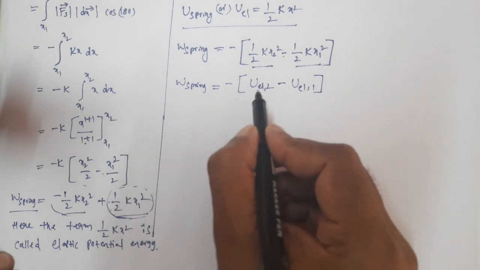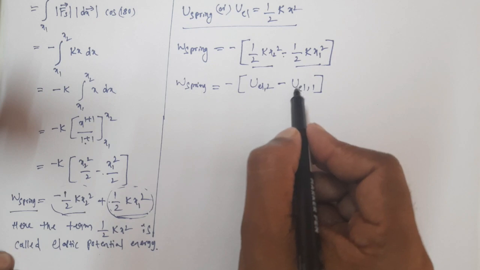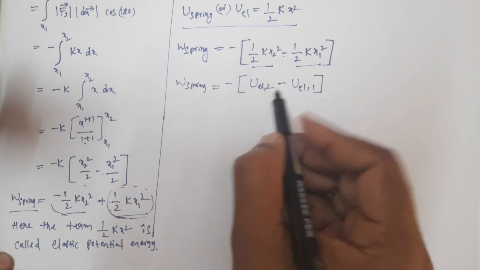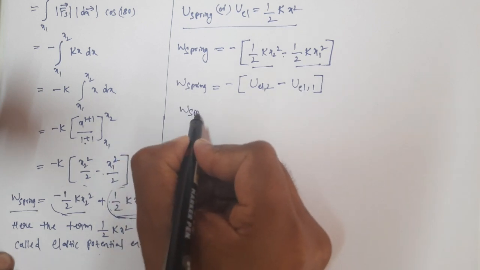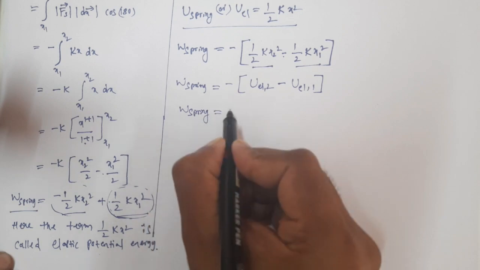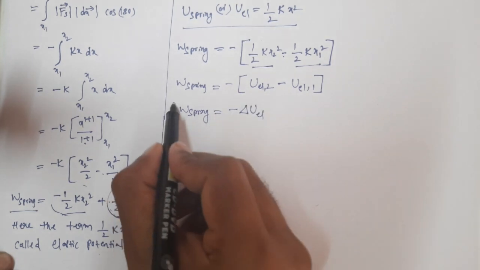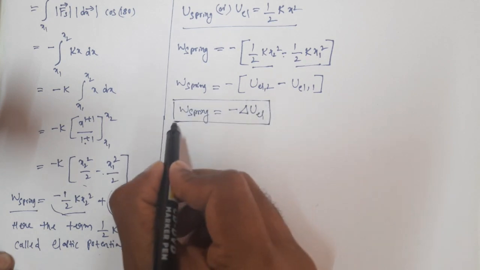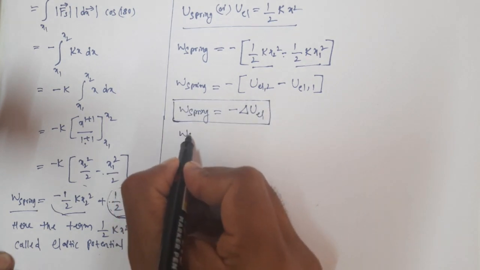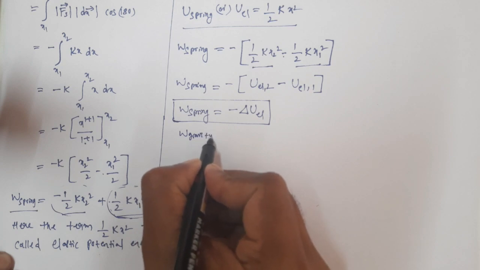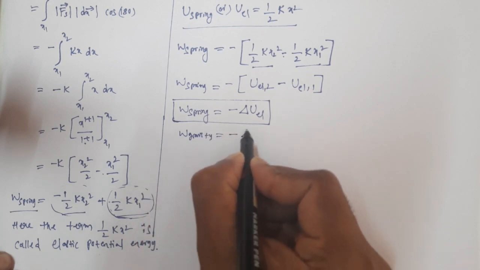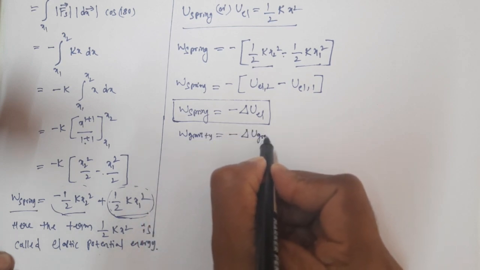So clearly what do we write? This value is nothing but final minus initial, that is nothing but change in potential energy, right? So work done by spring is equal to the negative of change of elastic potential energy. How does it look like? Work done by gravity is equal to the negative of change of gravitational potential energy.